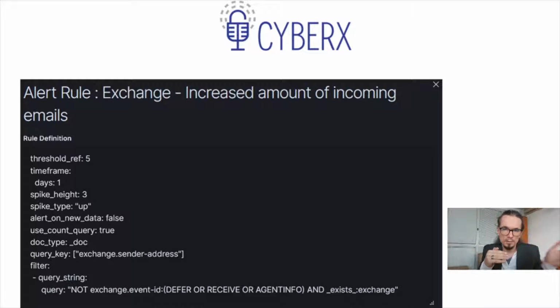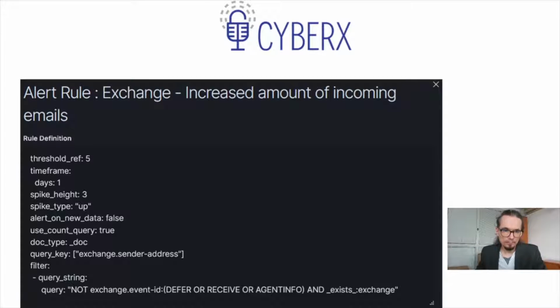We are excluding documents that are not interesting for us, and we are gathering only those which we want to work with. And then we categorize those events by sender address. So each sender has its own group of events and is monitored individually, and then we apply the condition.